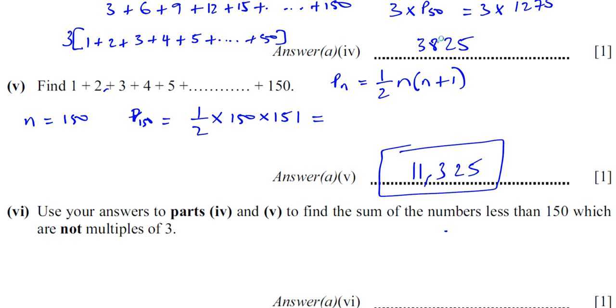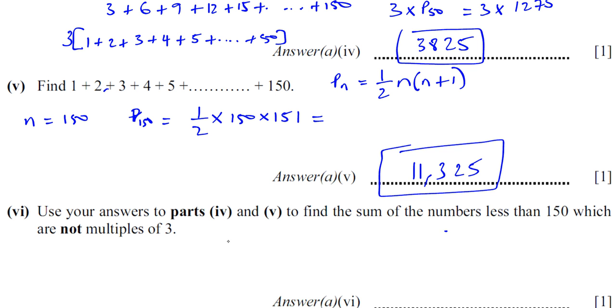And here we have the sum of all the numbers 3, 6, 9, 12, all the multiples of 3, including 150. So if we subtract from the sum of the first 150 numbers what we found in part 4, we'll get the sum of all of the numbers which are not multiples.